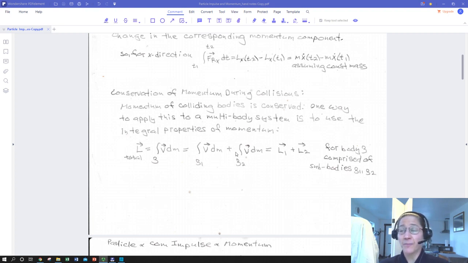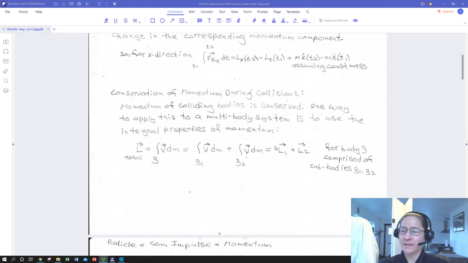Nonetheless, they'll sum. And we can just calculate the momentum for as many different parts of that original body by just integrating the velocity of all of the parts in one part over that part by mass.